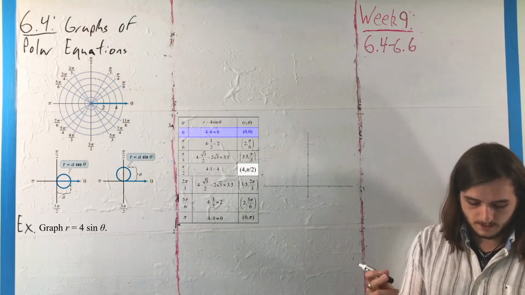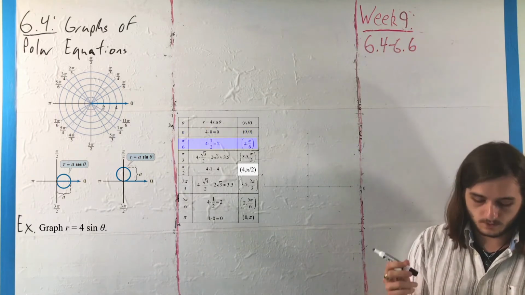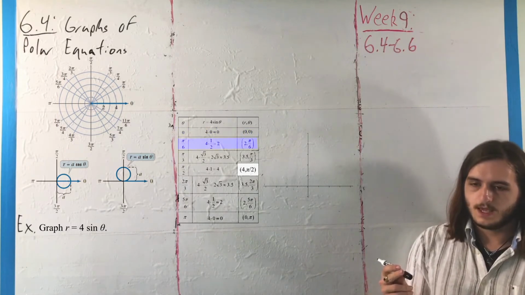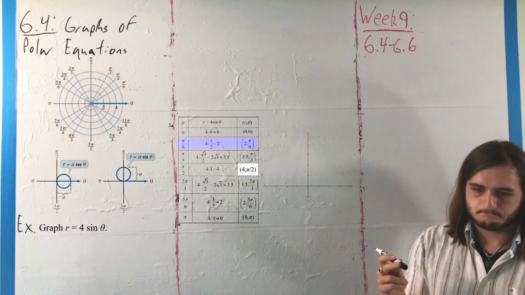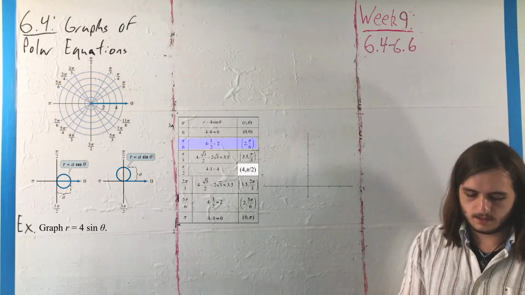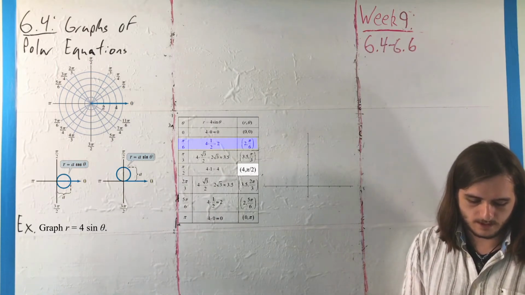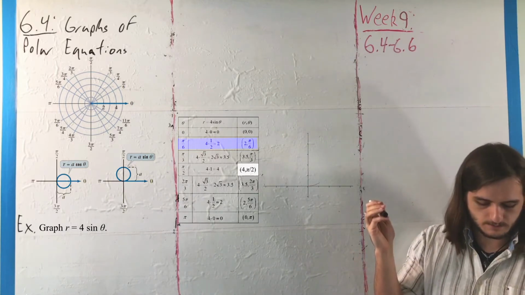Then at our first pi over 6, what's going to happen is we will have 4 times 1/2, or 2, which will give us a radius of 2 at an angle of pi over 6, which is going to be an increasing value coming around. So we'll come up and around just a little bit.